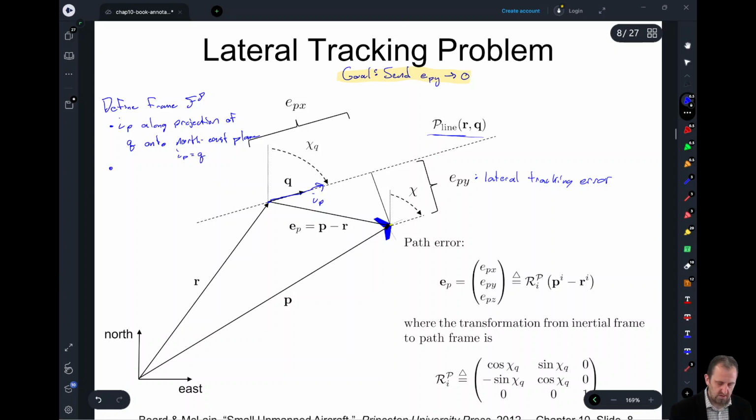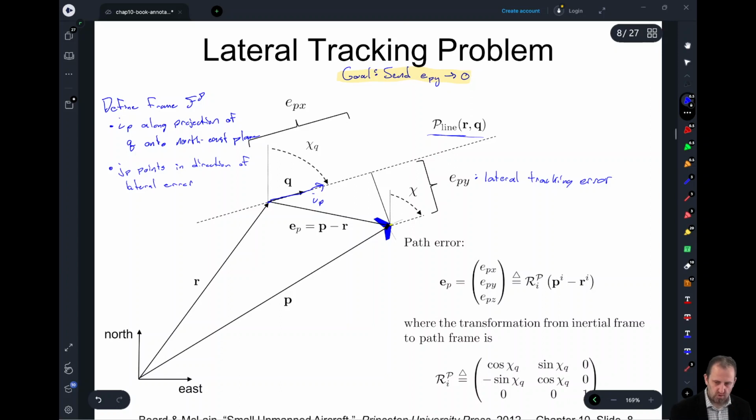Sorry, it does not equal Q. IP is equal to the projection of Q onto the line. And then our y-axis points in the direction of the lateral error.